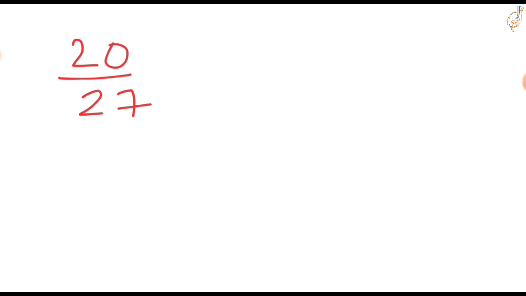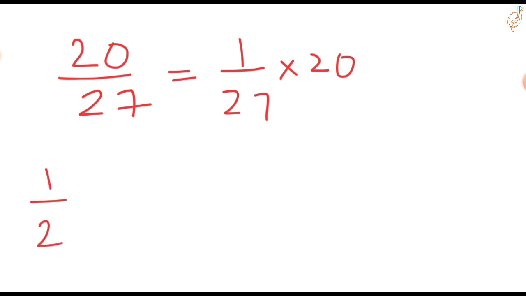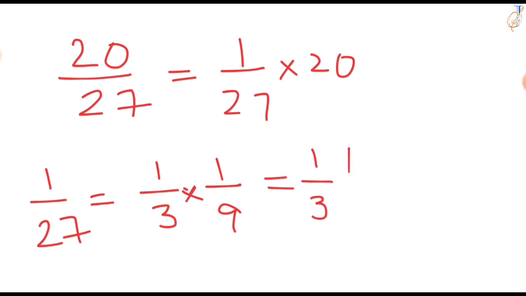20 divided by 27. This fraction value, how can you solve it? First, you can write it as 27 times 20. Then find out 1 by 27 value. 1 by 27, you can write it as 1 by 3 times 1 by 9. We know that whenever you see 9, this 9 and 11, these fraction values go in pairs. So 1 by 9 value is 11.11 percentage.